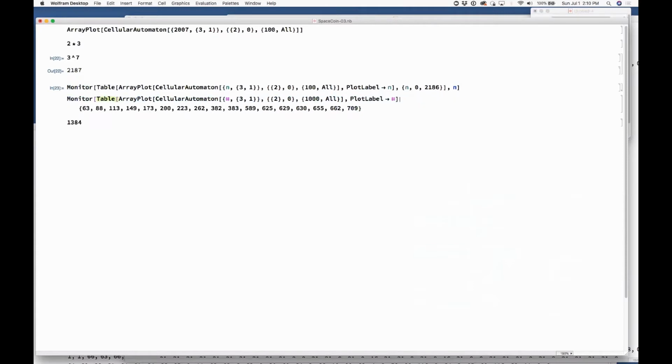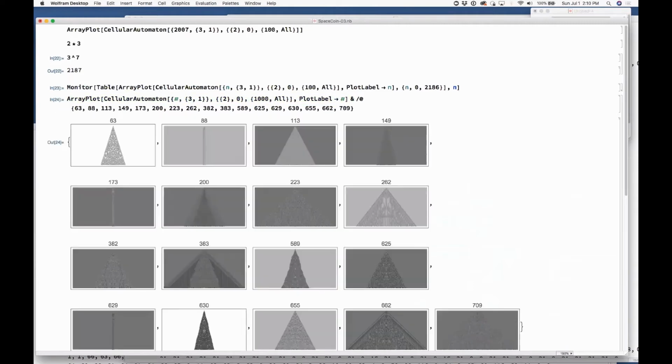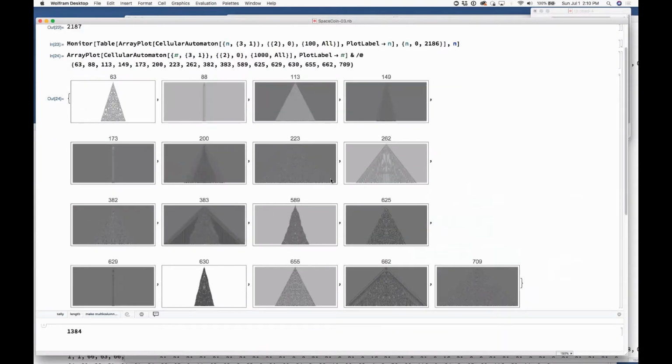We don't want the monitor, we want to do that. We don't want the table, we want to do that. And we want to do this. Let's see what happens. Okay, well, some winners, some losers. Some turned out to be quite interesting and some are completely boring.